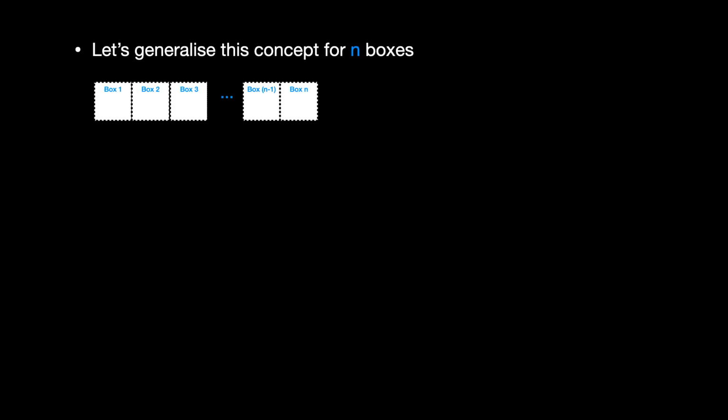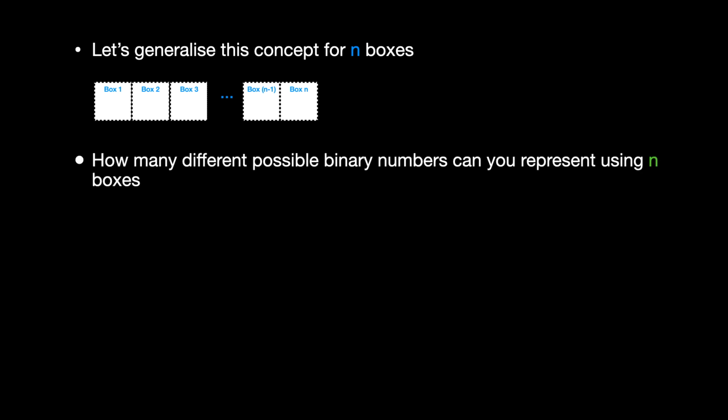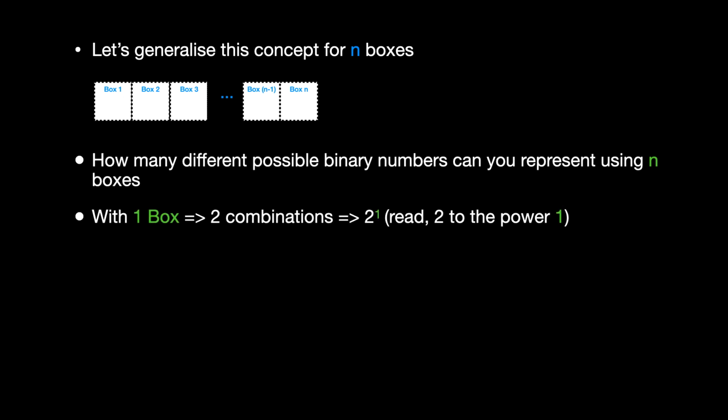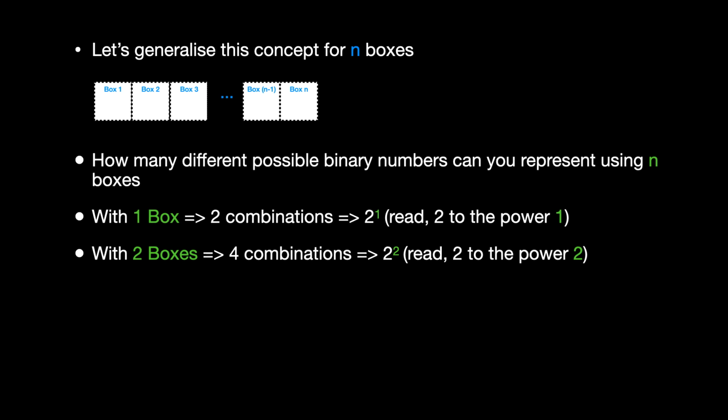Now let's generalize this concept for n boxes. How many different possible binary numbers can you represent using n boxes? We saw that with one box we can have 2 combinations, that is 2 to the power 1. With 2 boxes we can have 4 combinations, that is 2 to the power 2.